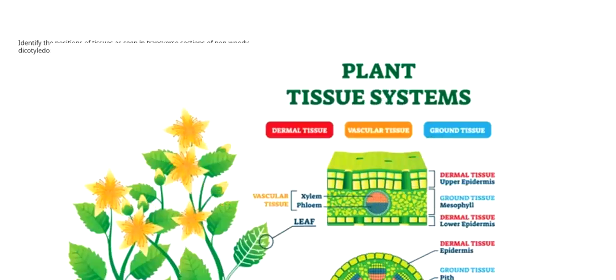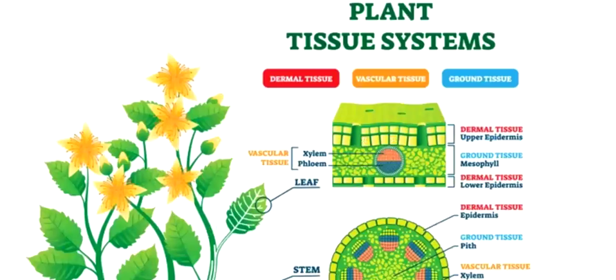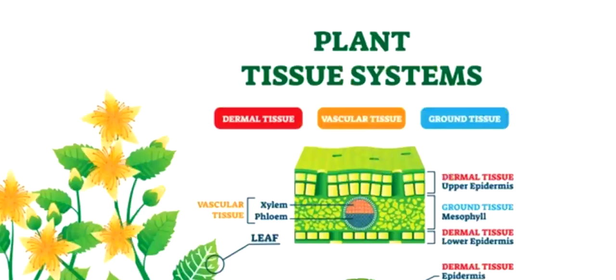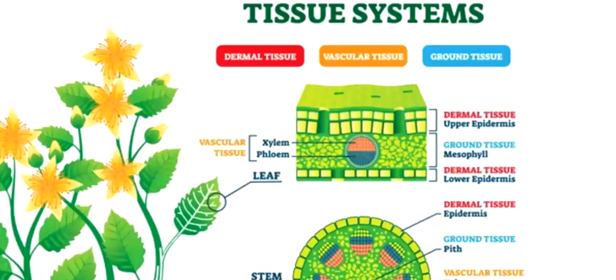So dear students, first of all, I want to show you the detail of the leaf. As you see in the leaf, there is the upper epidermis tissue. It has a cuticle, and these elongated shapes are the palisade tissues.